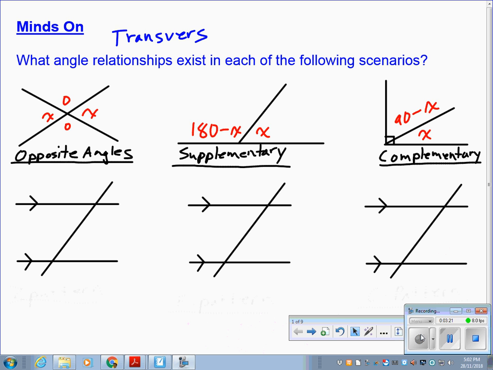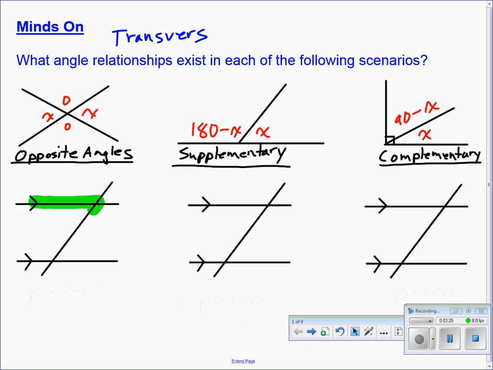The first thing that you're going to see is that from here to here, we have a Z pattern. What Z patterns do is allow us to find angles that were the same. The angles happen at the kinks in our Z.